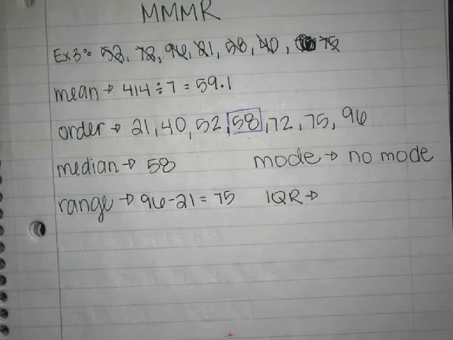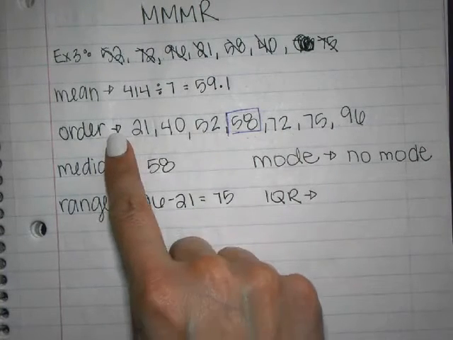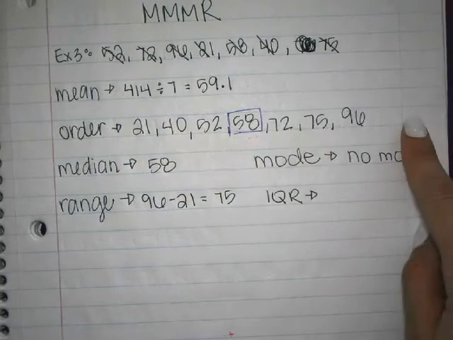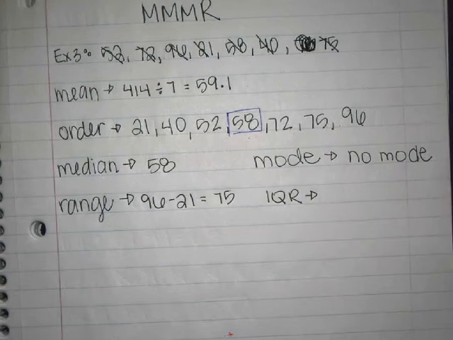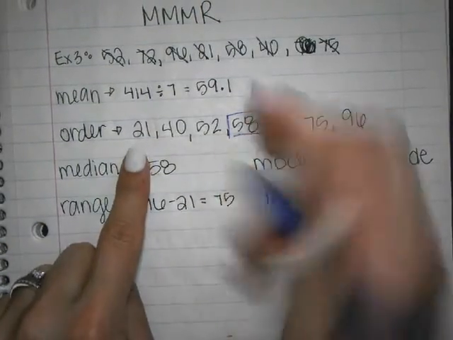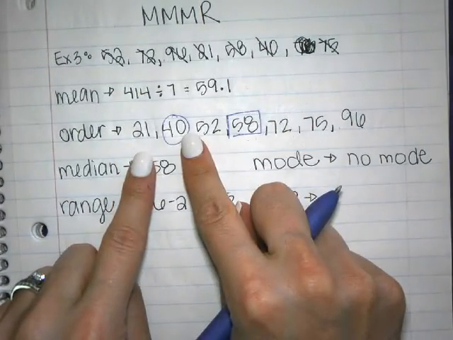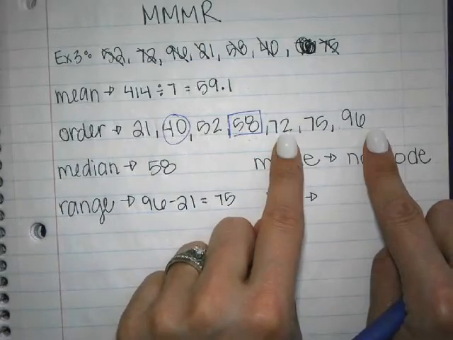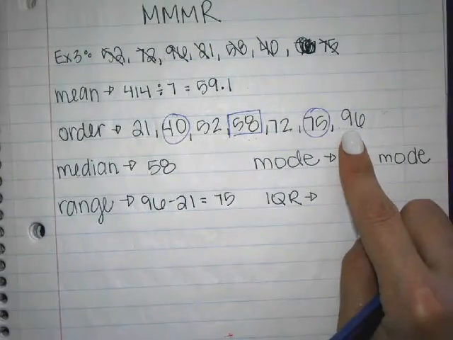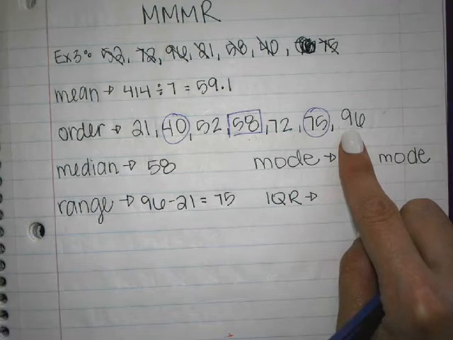So I have to find the first and the third quartile. And remember, guys, those are the middle numbers of the lower set and the upper set. So the lower set is the three numbers below the median, and the upper set is the three numbers above the median. So I need the middle number of each. So what's the middle number of my lower set, you guys? So 40 is my first quartile. What's the middle number of the upper set? 75. So that is my upper quartile. That is my third quartile.